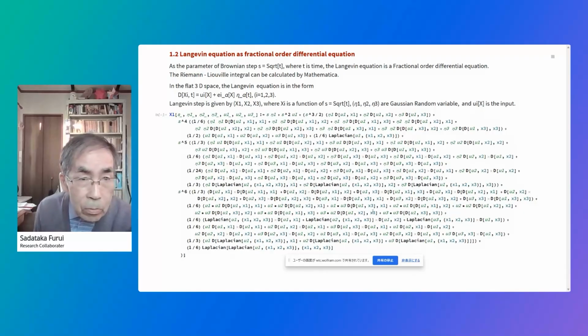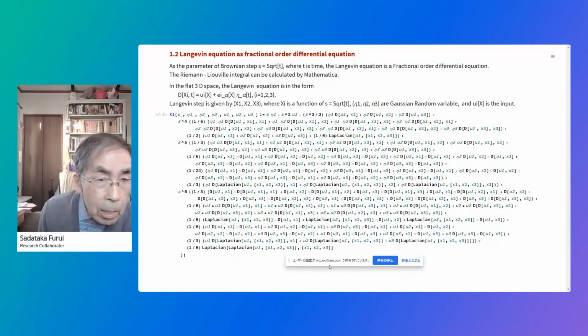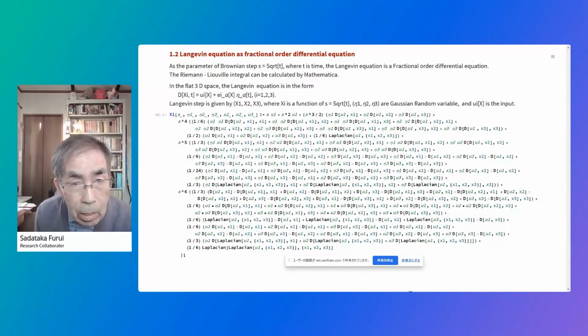And in the flat 3D space, the Langevin equation is written in this form, and the solution has three terms. The first one, x1, is a function of s, eta 1, eta 2, eta 3, and u1, u2, u3.